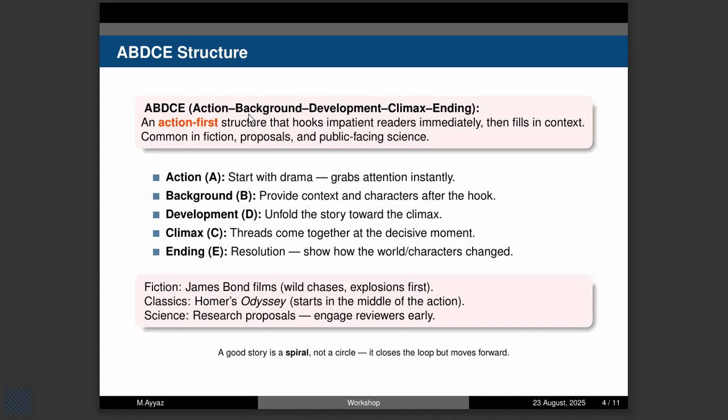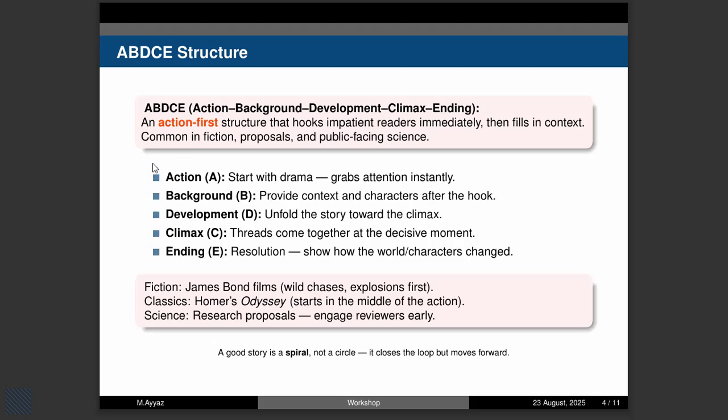Next, a similar structure is the ABDCE structure. This structure is most suitable for an audience that is less patient than the audience of the OCAR structure. Here A stands for action, B stands for background, D stands for development, C stands for climax, and E stands for ending.